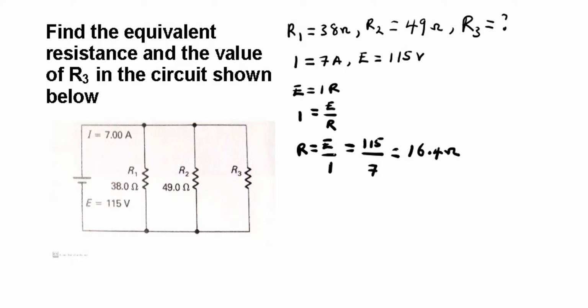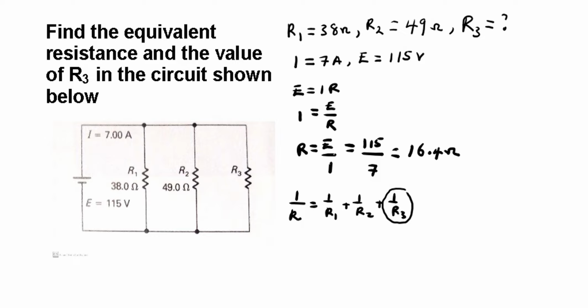Now, remember that 1 over the equivalent resistance equals 1 over R1 plus 1 over R2 plus 1 over R3. Remember that it is this R3 that we are looking for. So let's make R3 the subject of the formula.